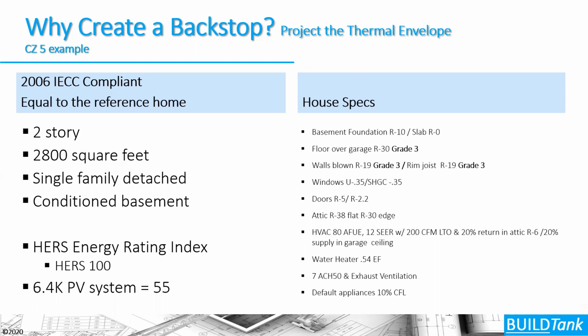If they didn't put in the backstop, because the energy rating index system evaluates all the different components in the house, you can see that PV can drop the score pretty dramatically.